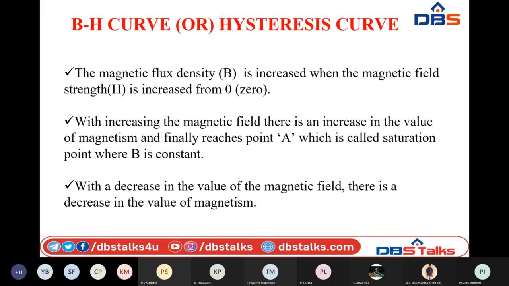With a decrease in the value of the magnetic field, there is a decrease in the value of magnetism. Whenever we are trying to demagnetize the material, we need to reduce the value of the magnetizing force. At that time we are able to demagnetize the material.